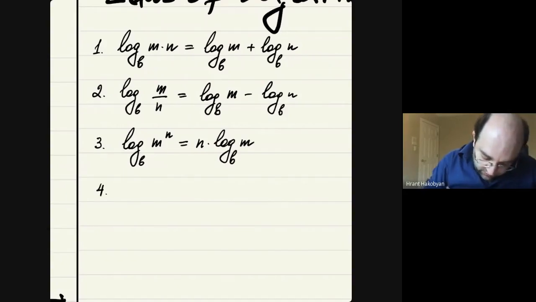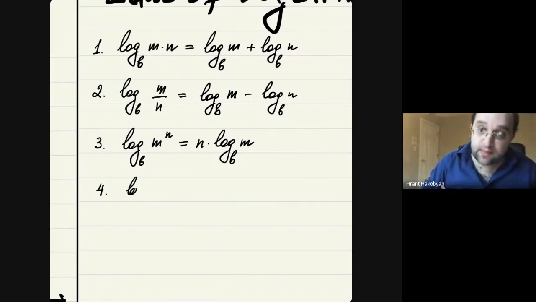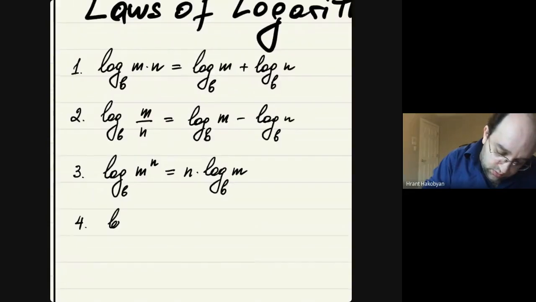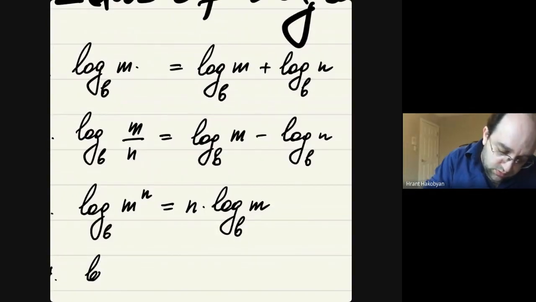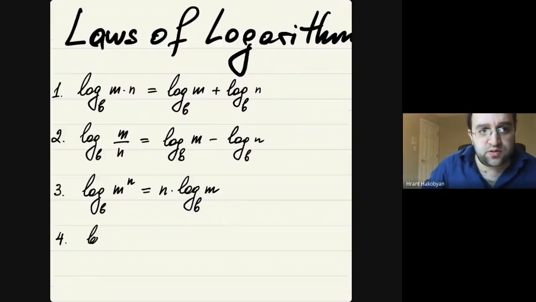And I have four, logarithm. The first one is m and n. I don't know if you can see this, but this is n, and this is n as well. Is that visible now? Okay.